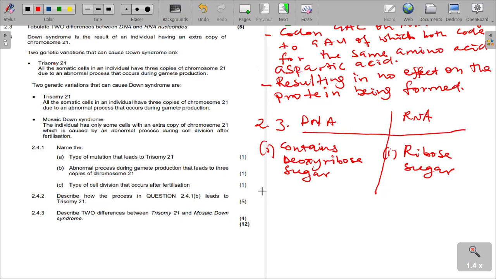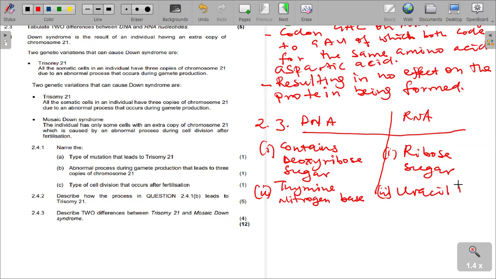Another difference, number 2: DNA contains the thymine nitrogen base, while RNA has uracil instead.